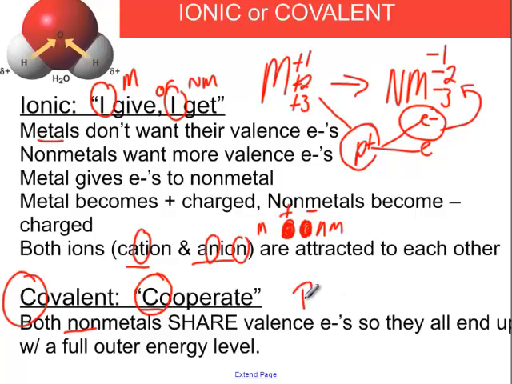They're going to pool their electrons together, and they're going to divide them up and share electrons. And when they do that, everybody's going to get a full outermost energy level, and everybody will be happy. And that happens in both situations, ionic and covalent. Everybody gets happy, but they accomplish it different ways. Here you completely give up, or you completely get electrons, and here we share electrons.